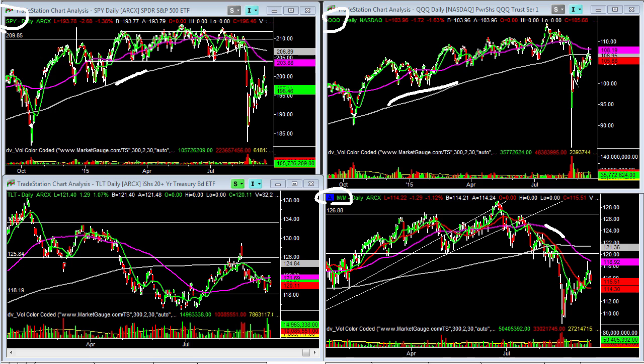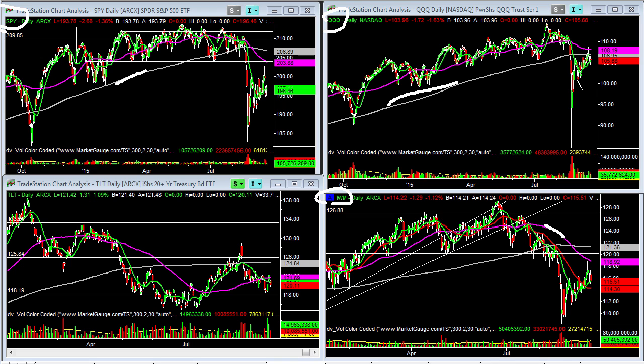So if I look at the Qs in relationship to the 200-day moving average, the Qs are the strongest. Now, as it turns out, in terms of the year-to-date performance, the Qs are still the strongest in that respect as well.